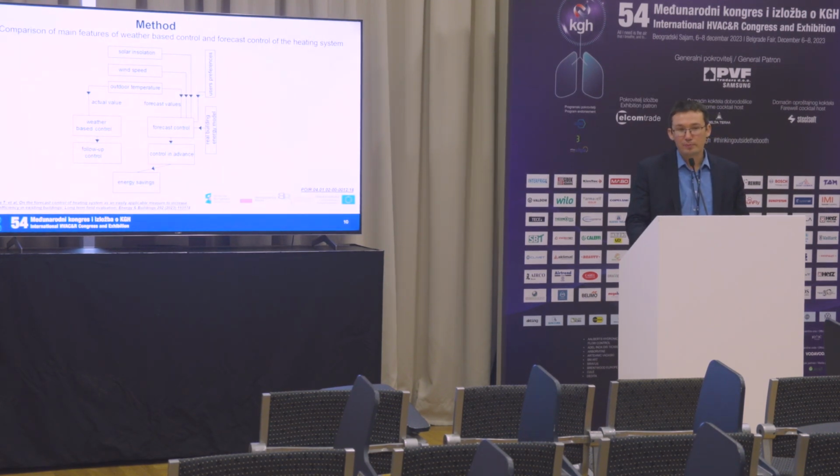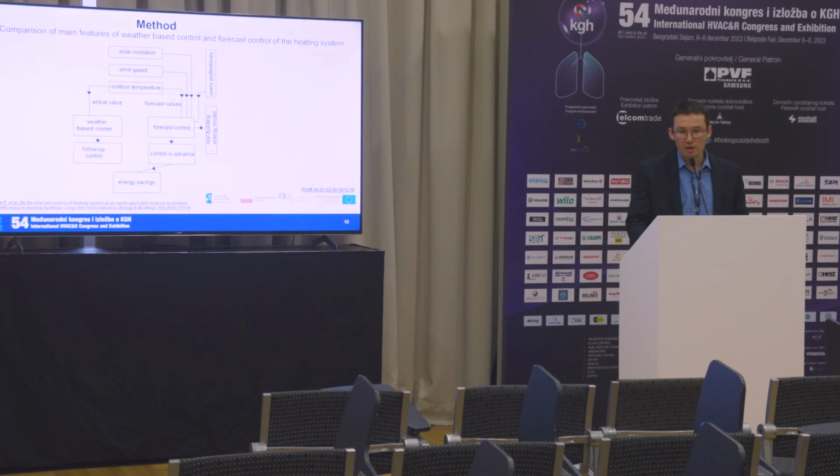Now compare the widely known and widely used weather-based control with forecast control. In weather-based control, we use only outdoor air temperature, and as I said, it is follow-up regulation because we do not even use the present value of outdoor air temperature. We use the mean value from the past 5, sometimes even 6 hours.